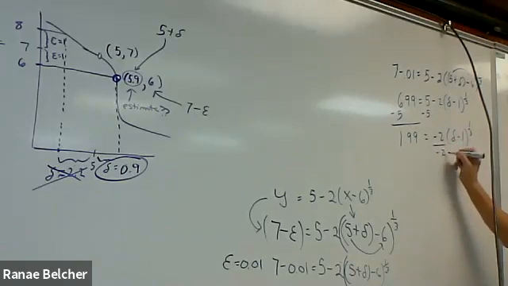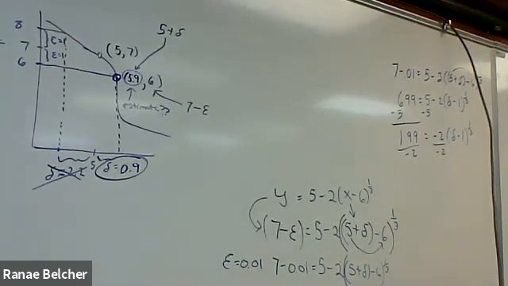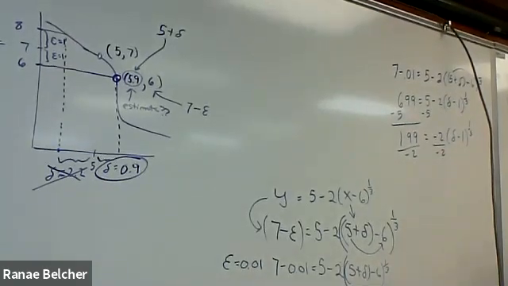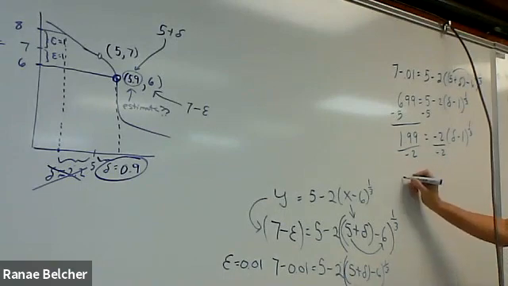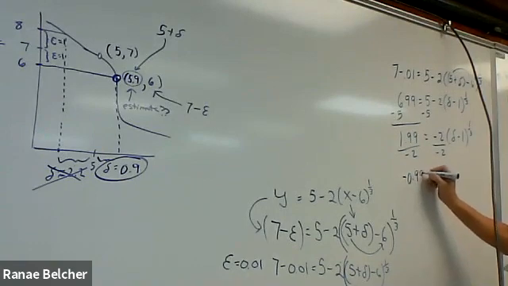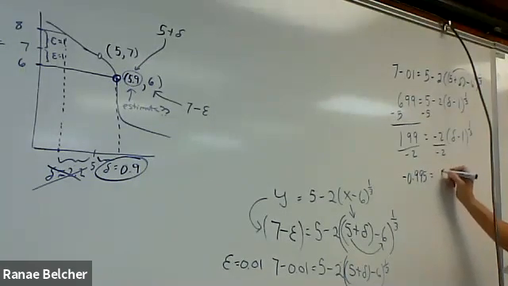And divide by -2. Okay, so let's get the calculator. Double checking again. Divided by -2, negative 0.995.